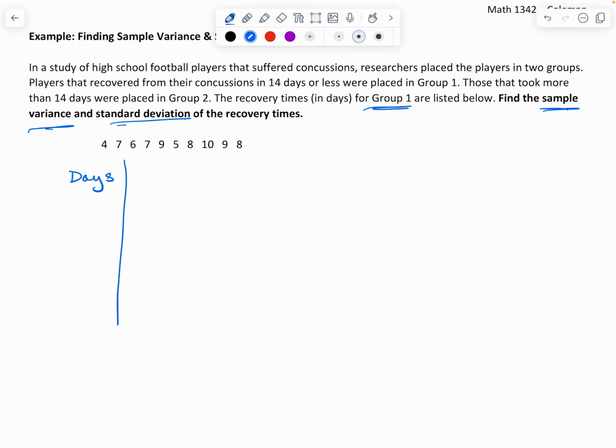We still need the days that it took to recover. We need the deviation, which in this case is going to be x minus x bar, since it's a sample. We're going to need that x minus x bar squared to help us find the variance.